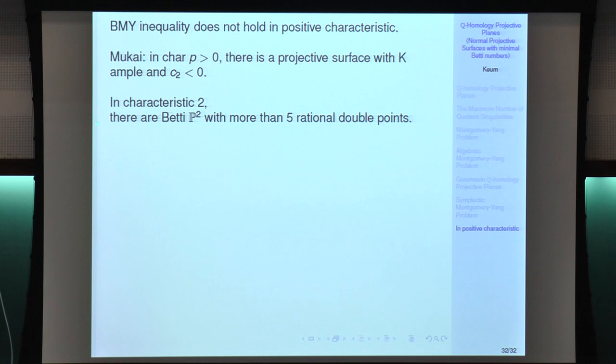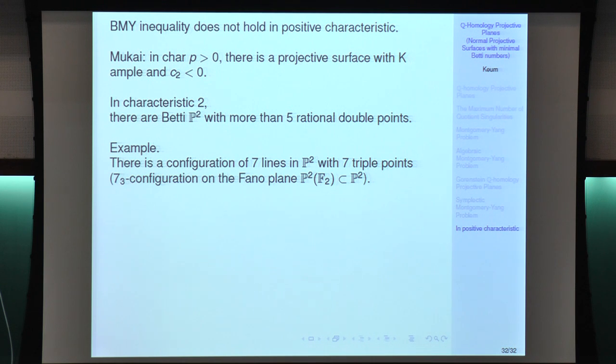In characteristic 2, there are Betti P2 with more than 5 rational double points. I found this paper last night. Here is the interesting example. There is a configuration of 7 lines in P2 with 7 triple points, the so-called 7-3 configuration on the Fano plane.